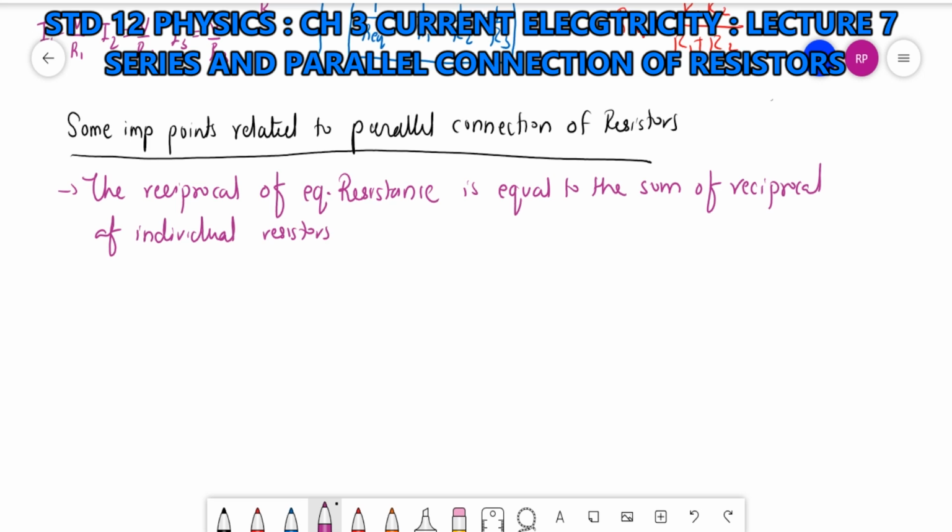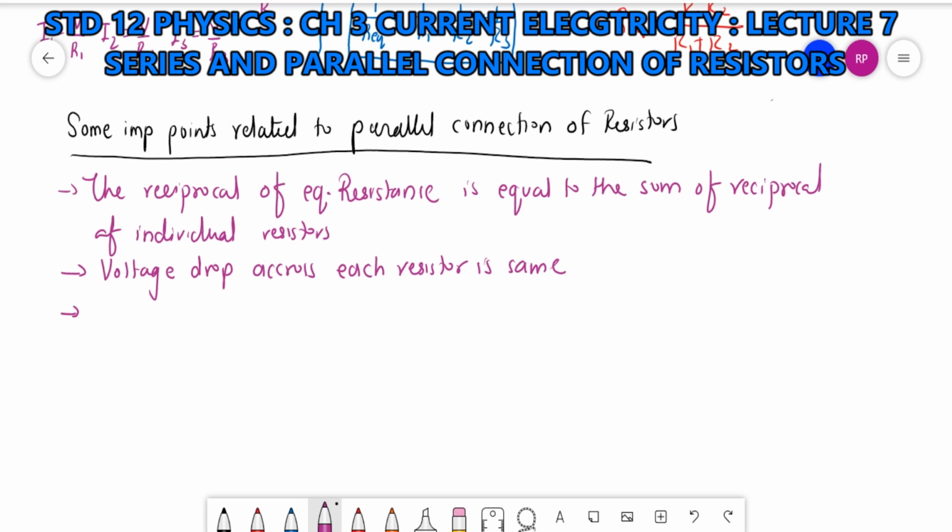Second, the voltage drop across each resistor remains the same. So that's why we have taken V1 equal to V2 equal to V3 equal to V. Voltage drop across each resistor is the same.